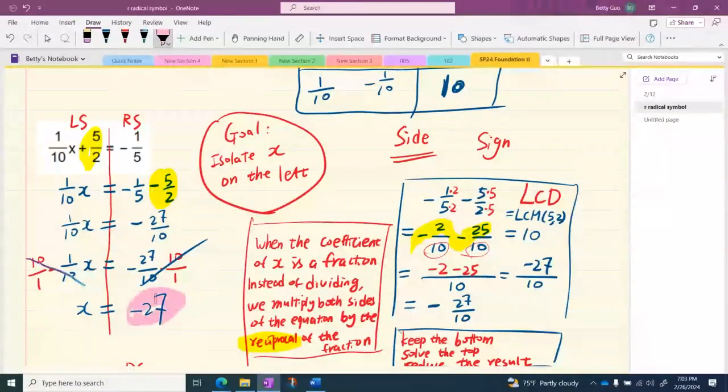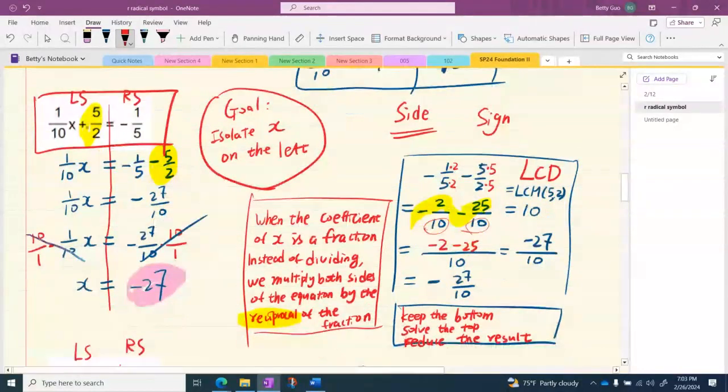Why is it called conditional? This scale is balanced only under the condition that the variable assumes the value -27. So that's the reason we call this type of equation conditional. This equation is only true under the condition that x equals -27. It has one solution, it is a conditional.